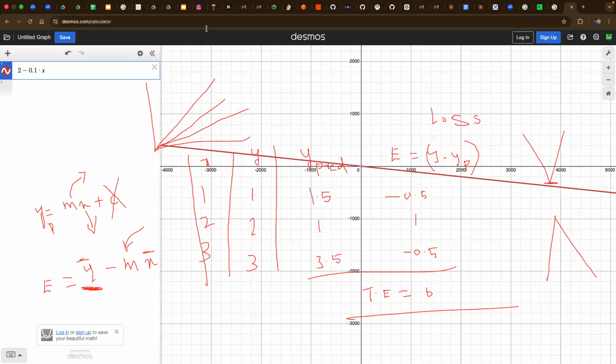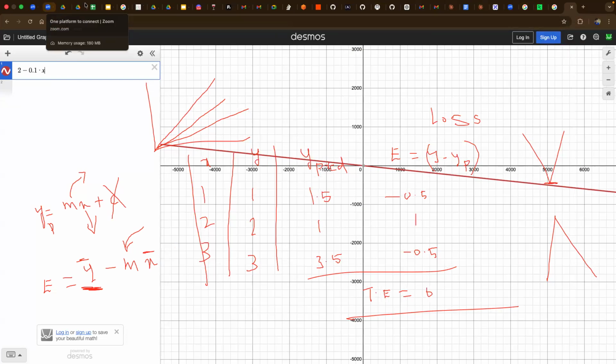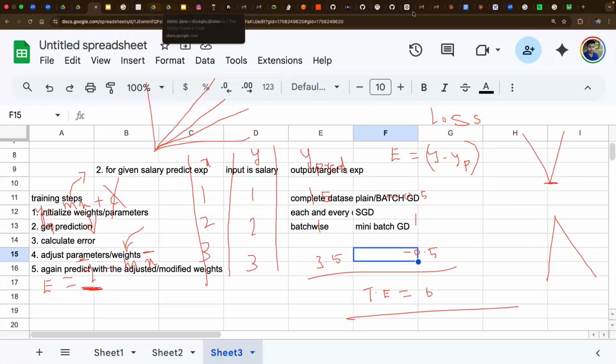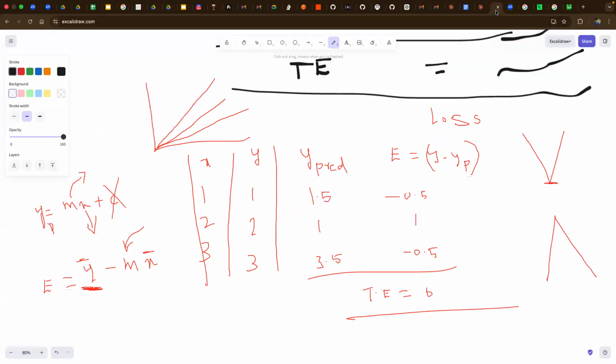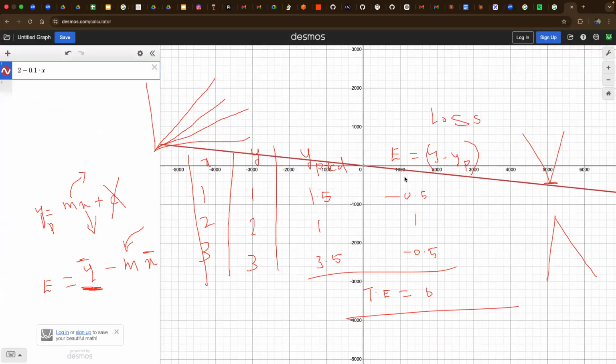The main issue is with this one only, where we will get total error as 0. Where is this escalator? Yeah. For this particular scenario, the line equation is here. You can see this line equation. So this is not an issue for us.